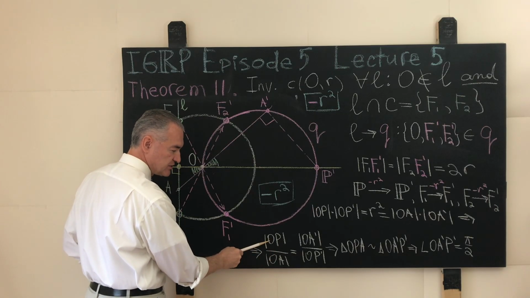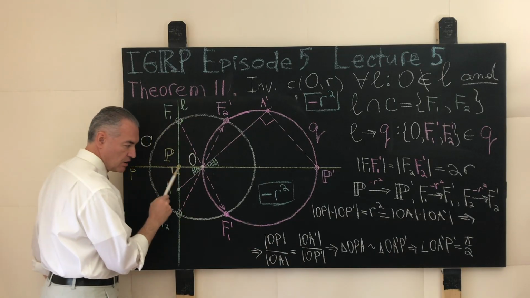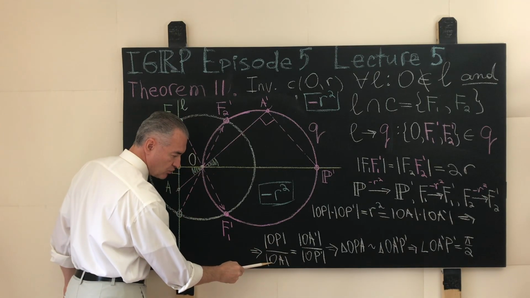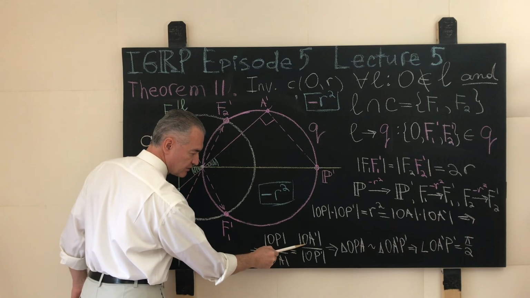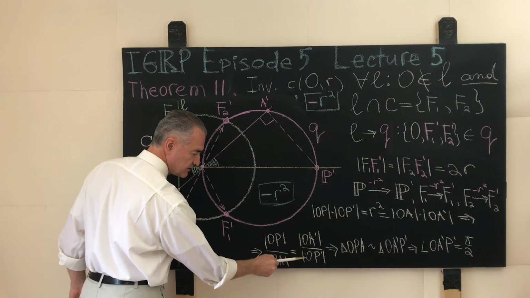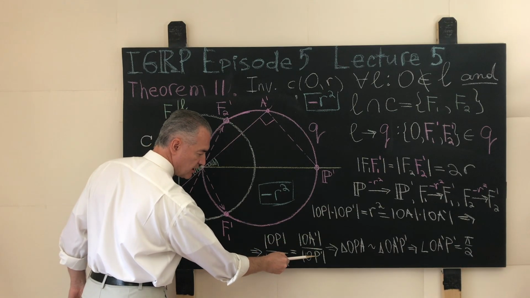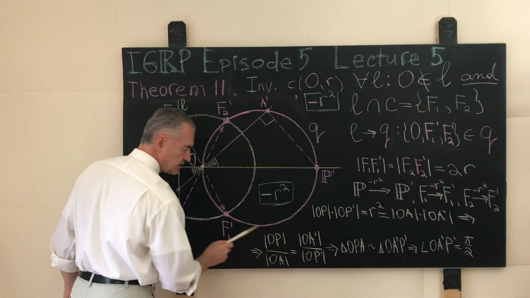The distance from the center of inversion to the point P over the distance from the center of inversion to the point A is in the same ratio as the distance from the center of inversion to the image point A prime over the distance from the center of inversion to the image of the point P, or P prime. You see, this is the same ratio.